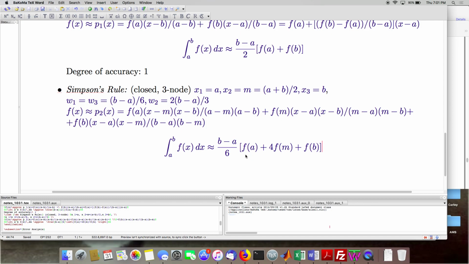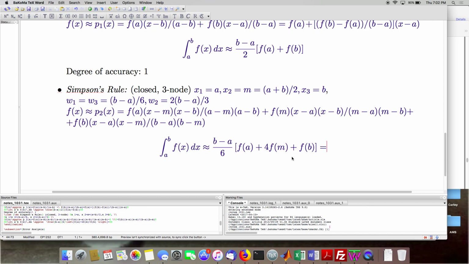So in a way, you could say that this is equal to 1/3 times the trapezoidal rule, because notice the trapezoidal rule has weights of (b minus a)/2 on f(a) and f(b), but here it's (b minus a)/6.